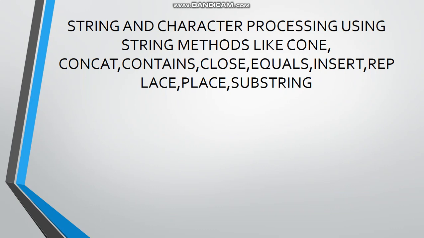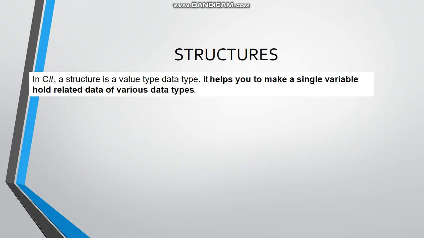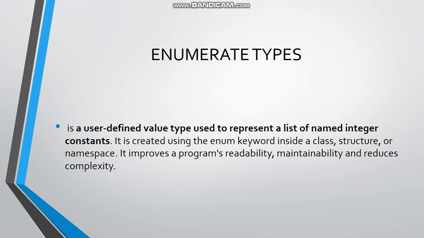String and character processing using string methods like concat, contains, equals, insert, replace, substring. In C#, a string is a data type. It helps you to make a single variable hold related data of various data types.